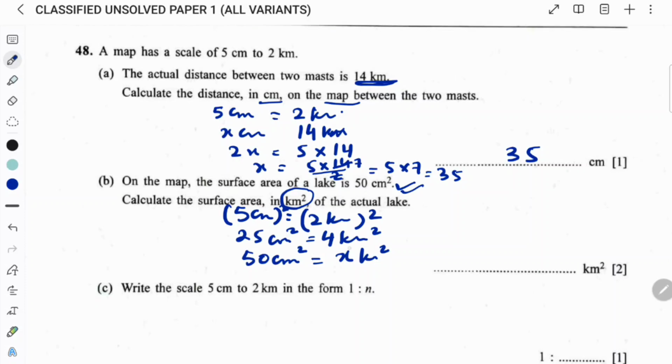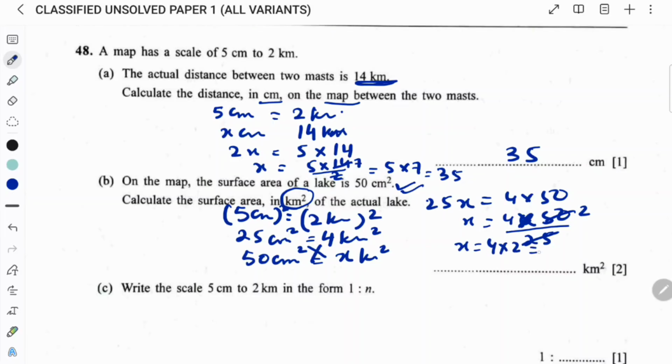Cross multiply: 25x is equal to 4 into 50. x is equal to 4 into 50 divided by 25, which is 4 times 2, that is 8 kilometers squared. If you don't use the square area scale, you will not get the right answer.